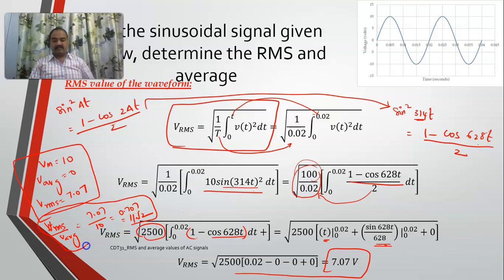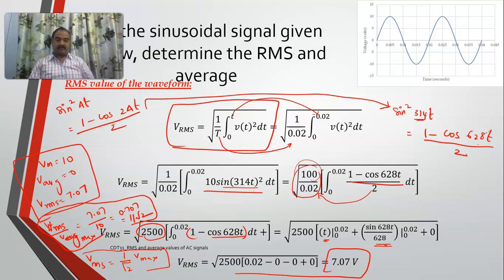V RMS is 1 by root 2 times V maximum in the case of a pure sinusoidal. I'll ask this for your examination. What is the relation between RMS and maximum value of a pure sinusoidal wave? It is 1 by root 2.